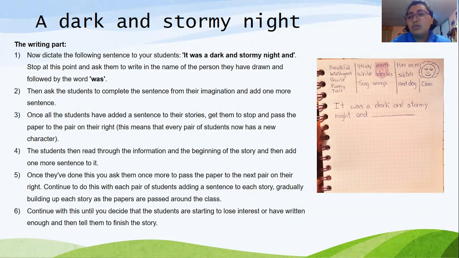So in this case, I'm going to imagine: it was a dark and stormy night and my mom comes from the woods. Then when the students do that, they have to pass the paper to the left and continue doing this in order to complete the story with another partner.